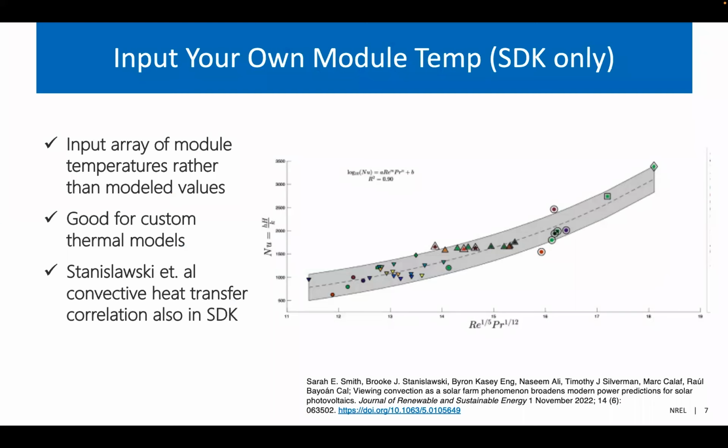And we have some features that are only available there and not in the desktop version of SAM, and this is one of them. Normally we calculate the module temperature using a series of models, but in some cases people want to enter their own module temperature, particularly if they have a custom thermal model. We did some analysis and ended up adding this as a feature as well.